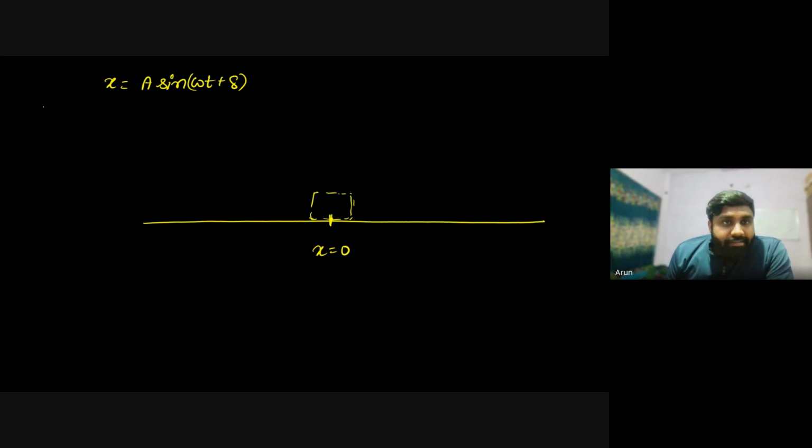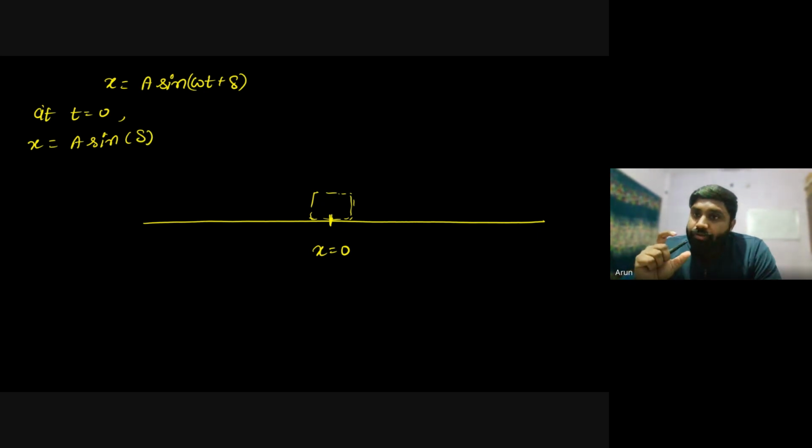So at t equals 0, if you put it in this equation, x will be a sine of omega t, which becomes 0, plus delta. So at t equals 0, everything depends on this phase angle, where the body is, and it is given in the question.